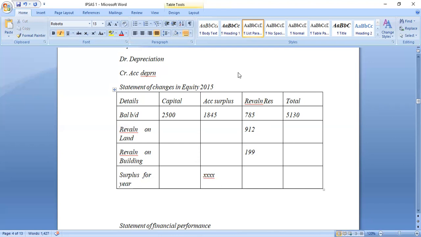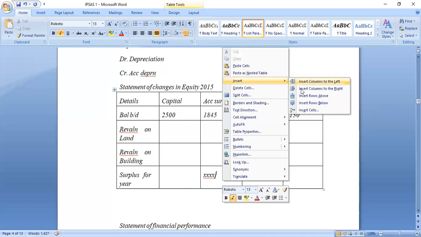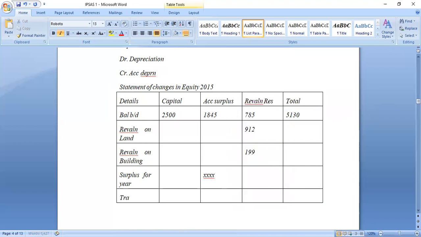If they said we transferred some revaluation money to capital, you'd have here 100, say 100 rather than 1,000, coming to capital. And the revaluation reserve, where it's coming from, would be a negative. The total here will be 0, of course, because when you add this and that, it gets 0. And guys, that is how you do the changes in equity.